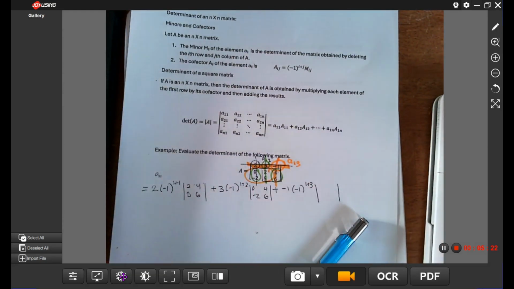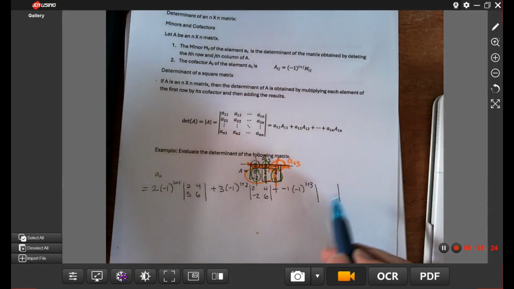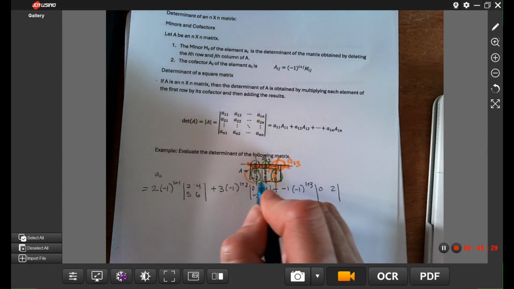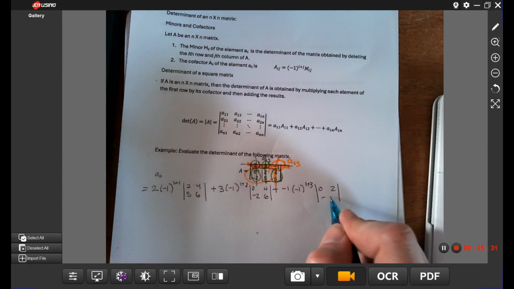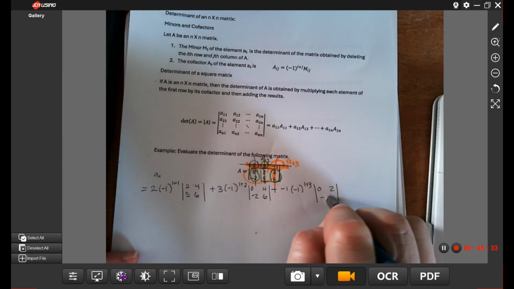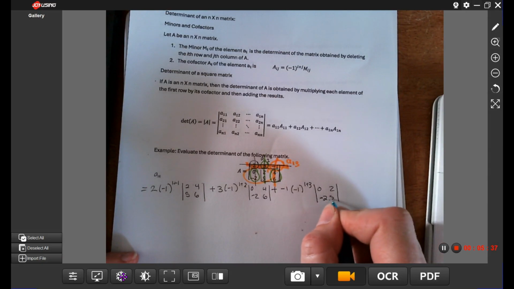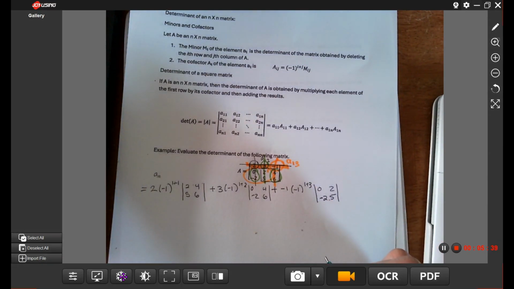So that leaves me with this matrix inside my determinant symbol: 0, 2, negative 2, 5. And now I just have to simplify.